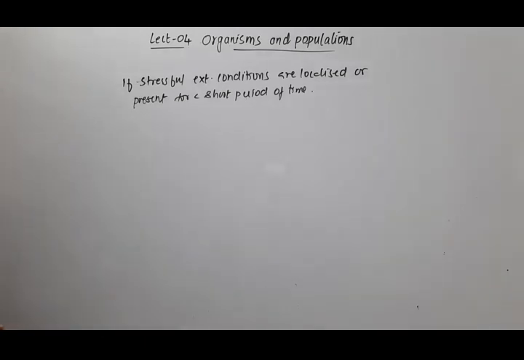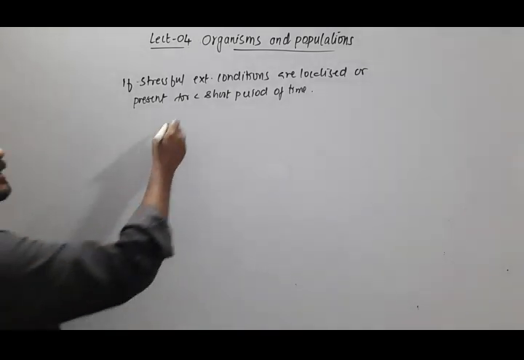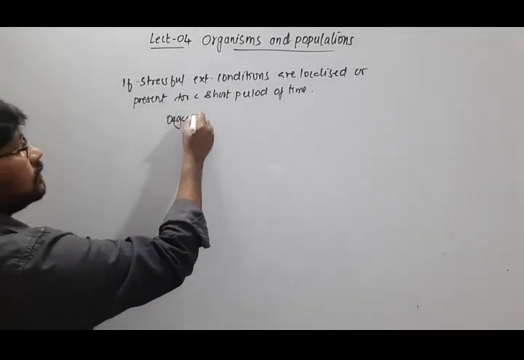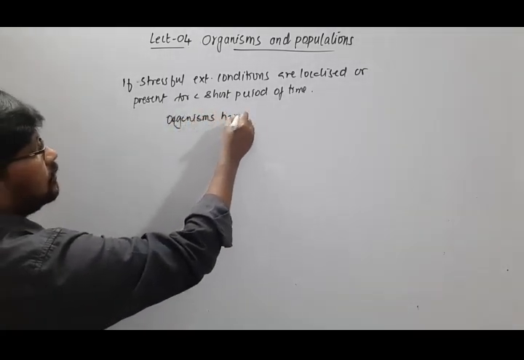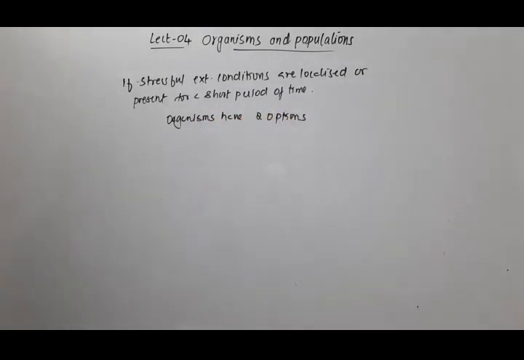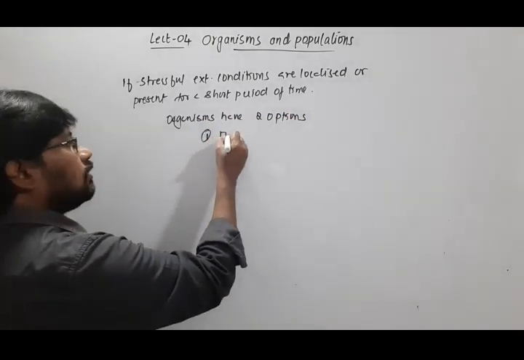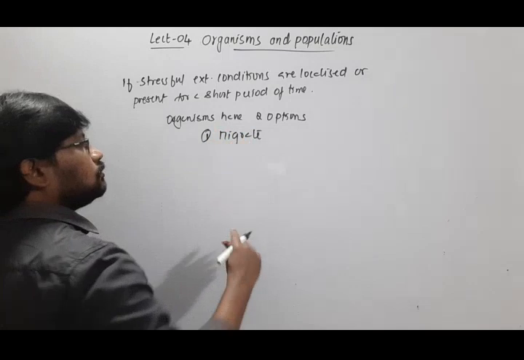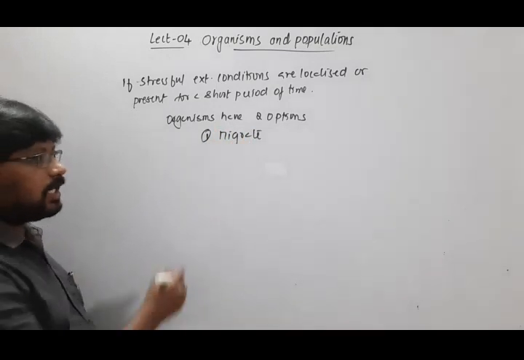Okay, so if stressful external conditions are localized or present for a short period of time, then the organisms will have two options. One is to migrate, which means to move away from that unfavorable condition.